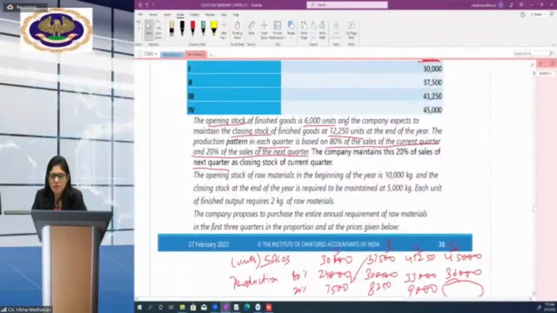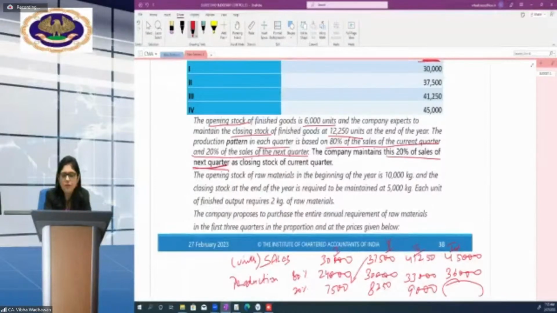The opening stock of finished goods is this. Maintain the closing stock of finished goods at the end of the year. Okay, this is the closing stock they have given. The company maintains 20% of sales of next quarter as closing stock of the current quarter. This is the line which is giving you a hint.